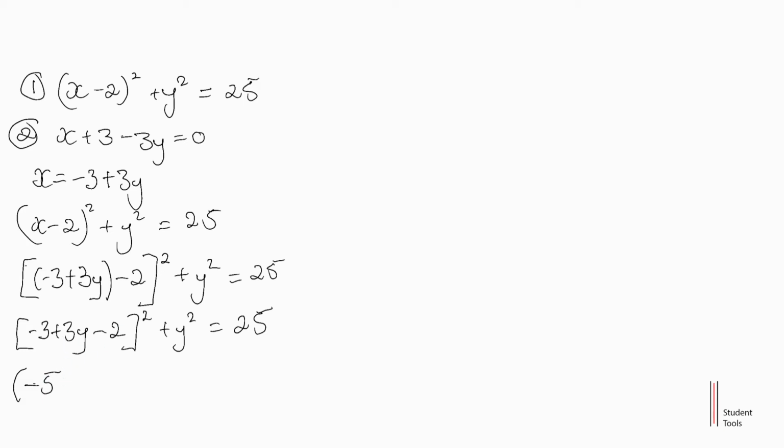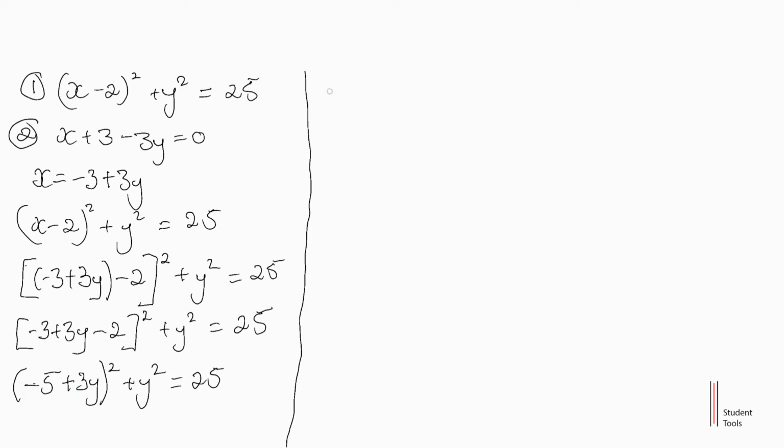We bring down the plus 3y, because our bracket is still squared, and we bring down the plus y² equal to 25.